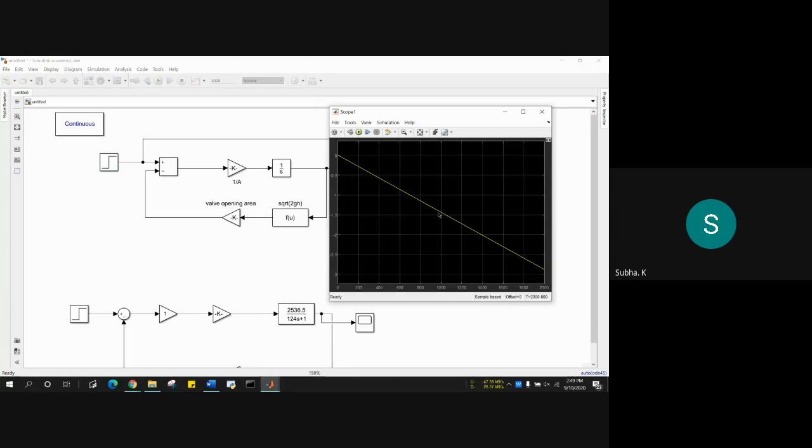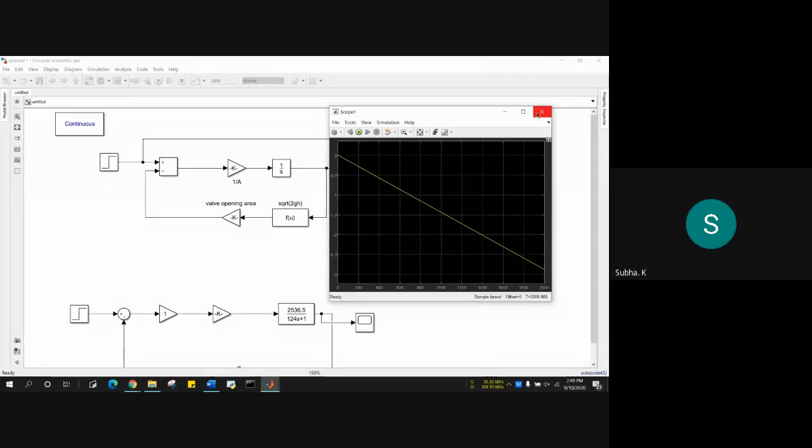You have given 20.4. Ma'am, how can we get 1 by A value? What value did you give? Ma'am, 1 by A. Square root value, how do we? User defined function. You have to pick user defined function. I have not opened MATLAB also.